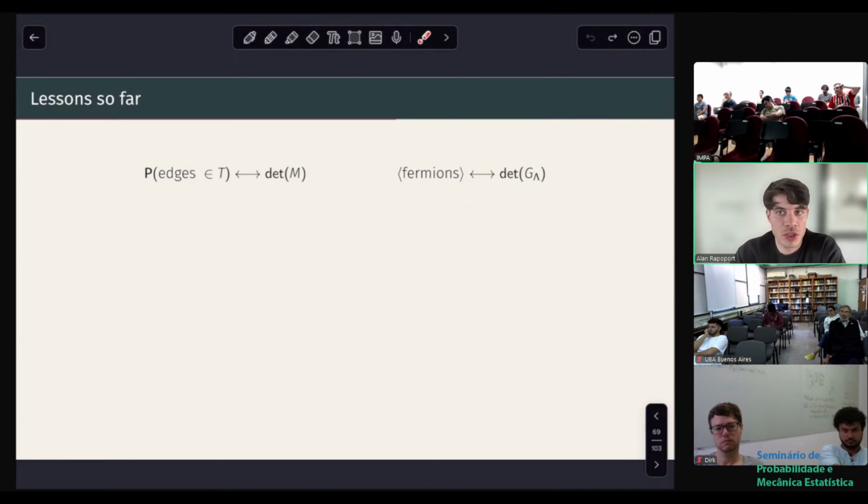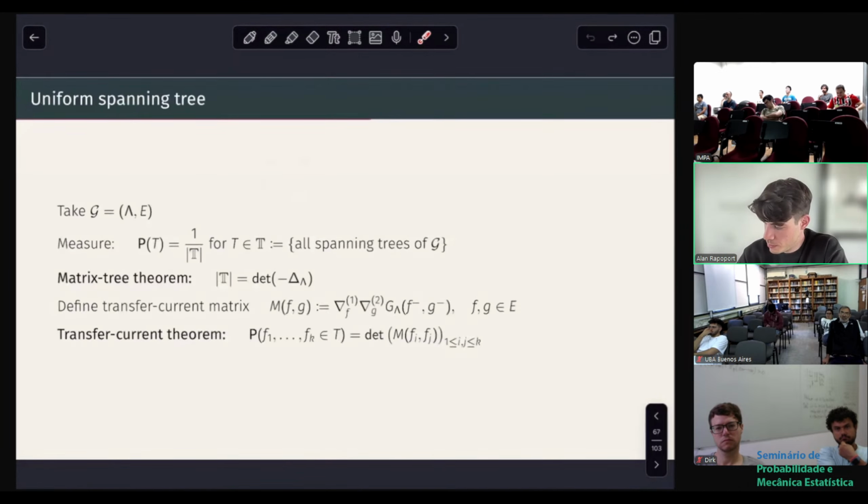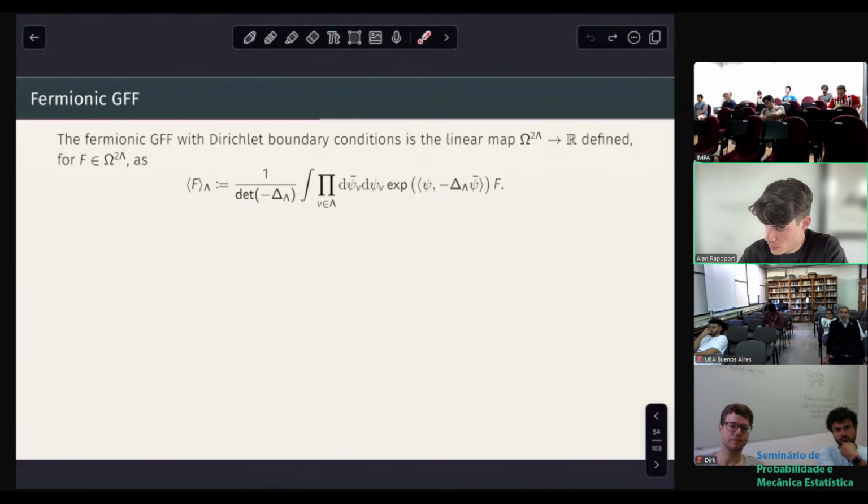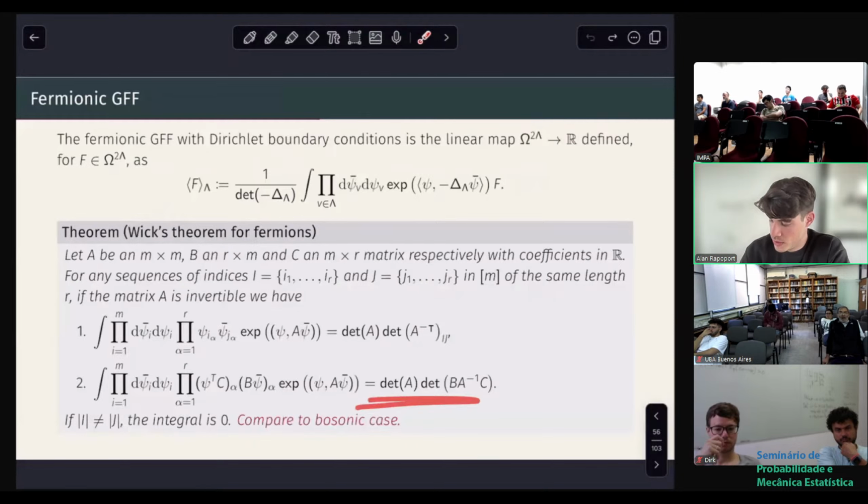It's literally none other than looking at Wick's theorem a couple of slides ago and identifying this with this, this with this, that with that. This matrix goes here and so on. So we have a very straightforward recipe to calculate these things. And in particular, you remember, maybe I should go back one second here, I told you about this second part of the theorem in which I can take any linear transformation.